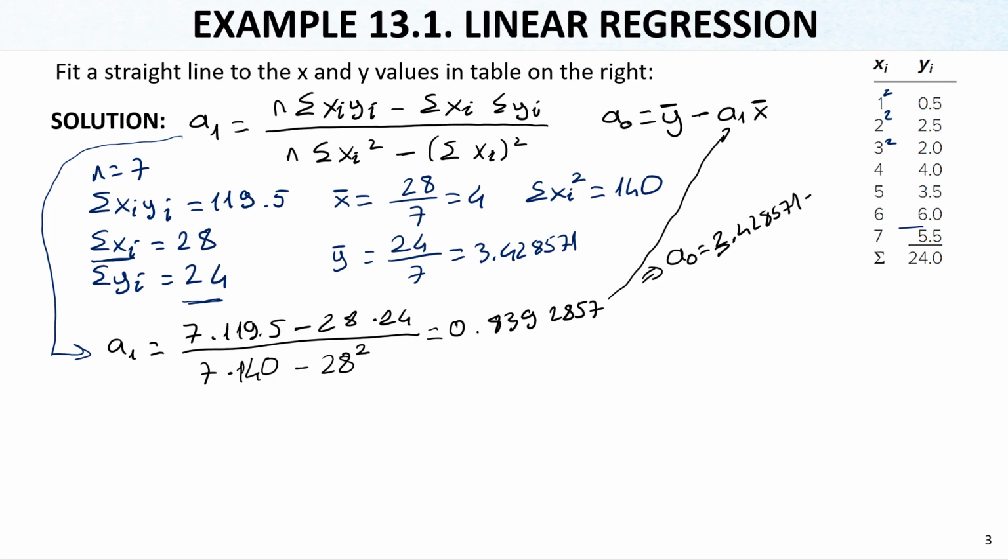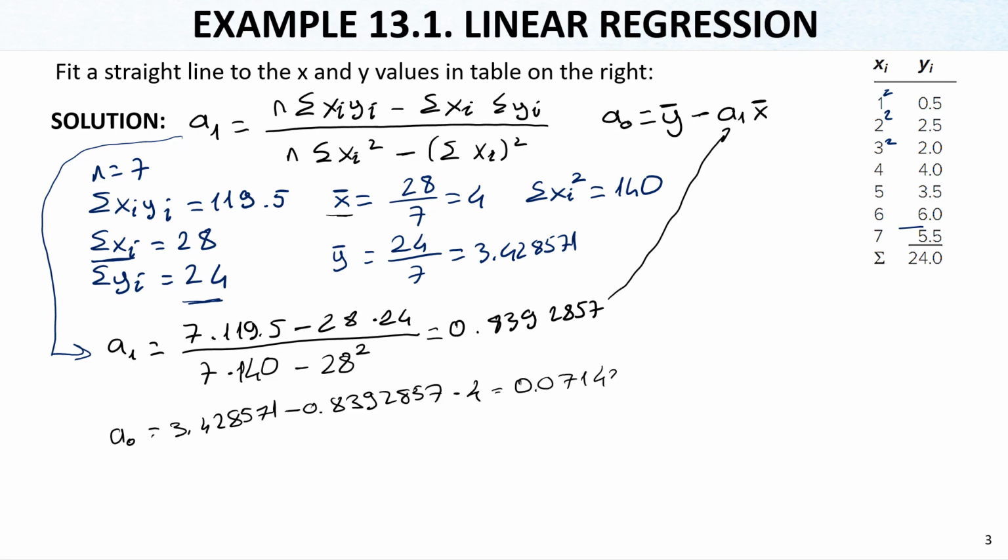Let me actually write it down, not here, we don't have space. a0 is mean of y, 3.428571, minus a1, 0.839287, times mean of x, which is 4. We found it here, 4. So the result from here is 0.0714287.